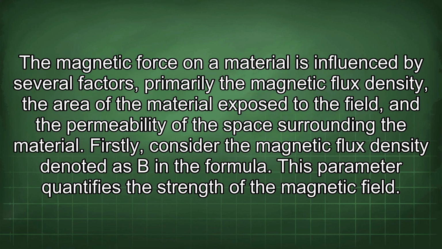The magnetic force on a material is influenced by several factors, primarily the magnetic flux density, the area of the material exposed to the field, and the permeability of the space surrounding the material. Firstly, consider the magnetic flux density denoted as B in the formula. This parameter quantifies the strength of the magnetic field.